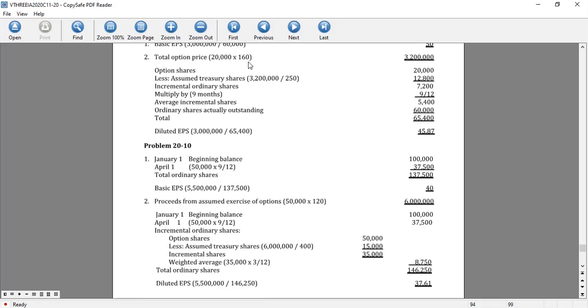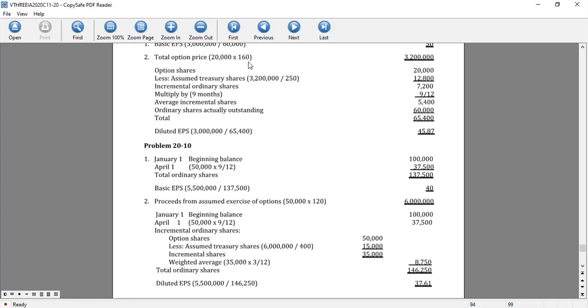So 6 million divided by 400. So the assumed treasury shares we have 15,000. Then we get the difference of 35,000.